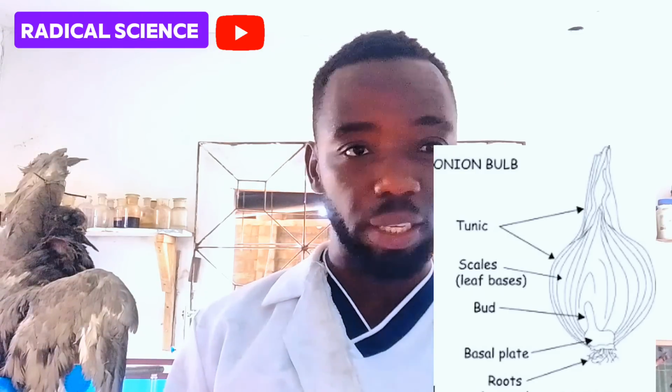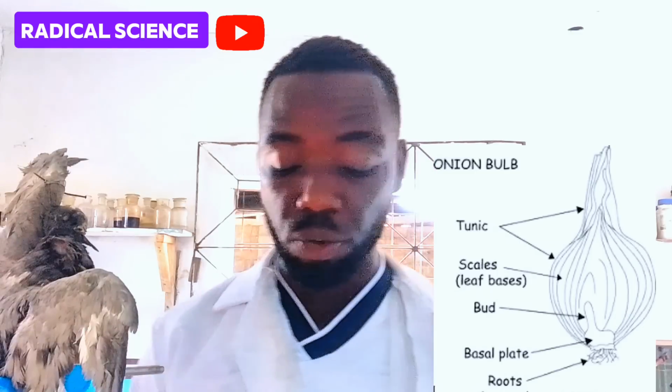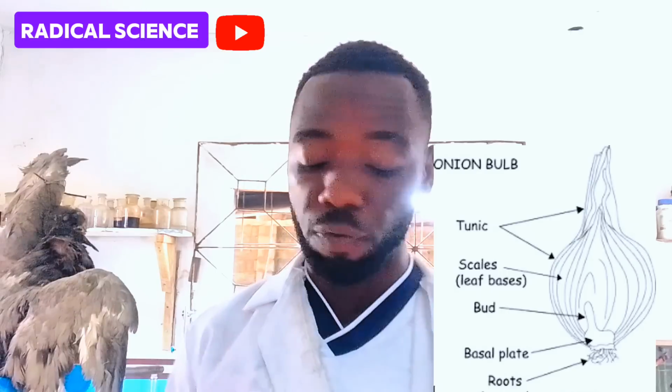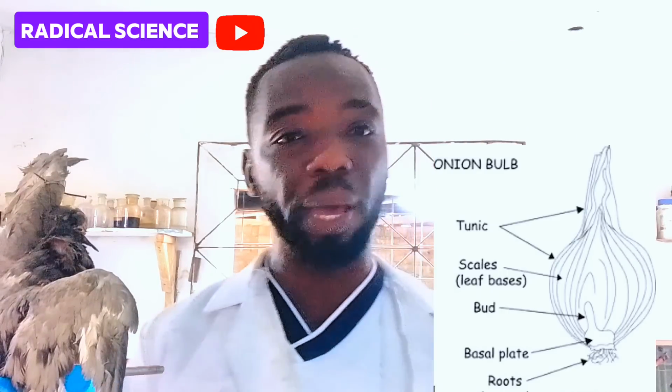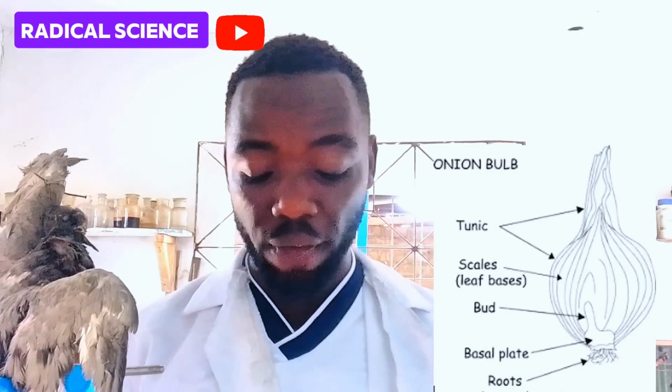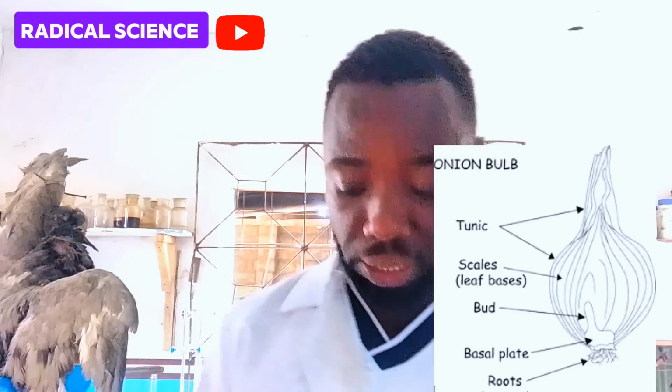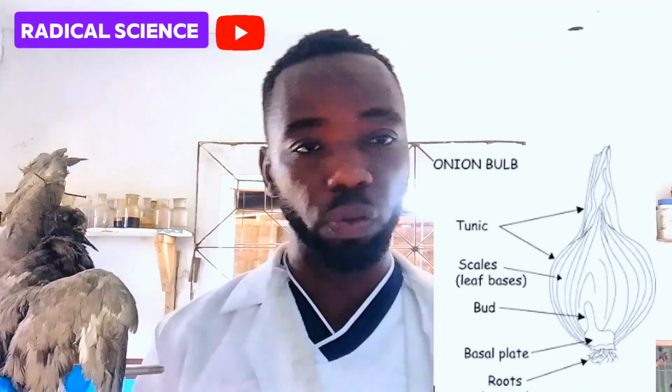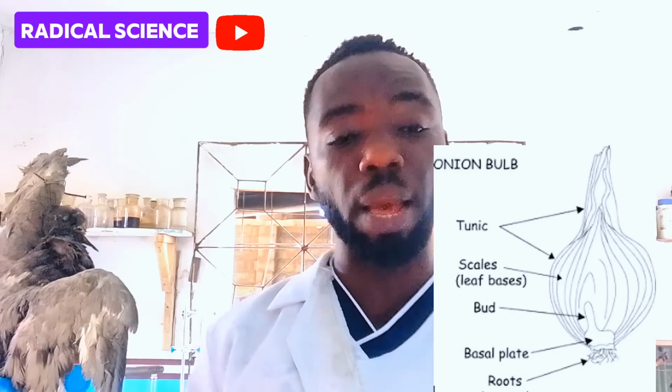You can see the onion bulb on the screen where we have the structure of the onion bulb. We have the bulb apex, we have the tunic leaf, then we have the bud, we have the basal plate, and then the roots. These are the labelings that you are expected to put down as far as the drawing is concerned. So go and learn how to draw.